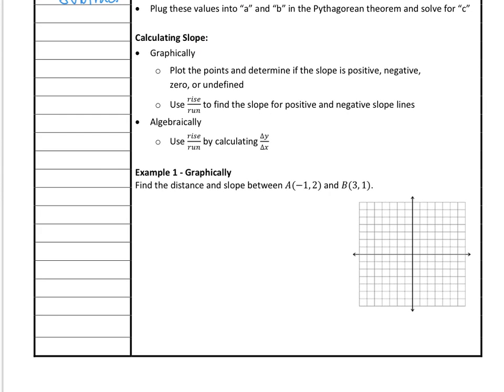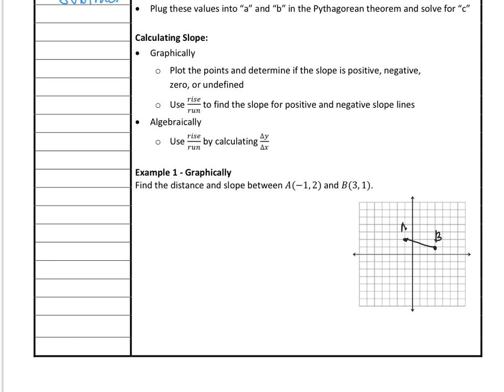The first way we're going to look at this is graphically, which means we need to start by plotting points A and B. We have A at -1, 2 and B at 3, 1. I want you to connect them because we're finding the distance between them, and it's helpful to see the points connected.